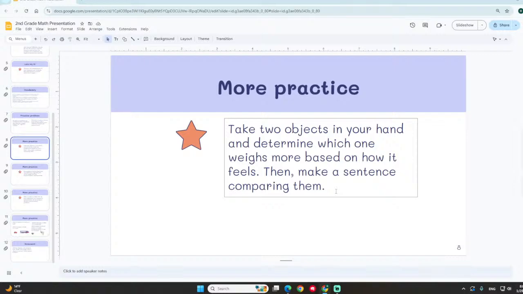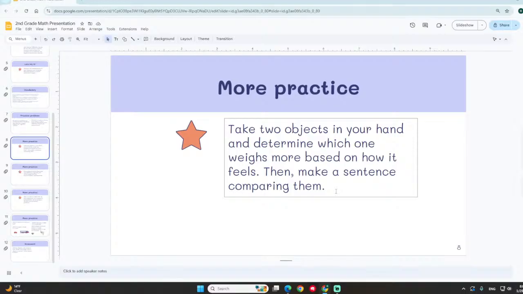Take 2 objects and put one in each hand and see which one feels like it has more weight. For example, if you take a soccer ball in one hand and a penny in the other hand, the soccer ball is going to feel like it has more weight.